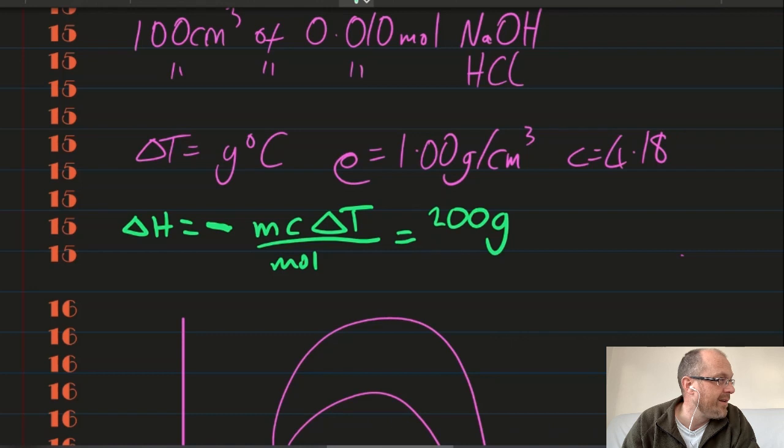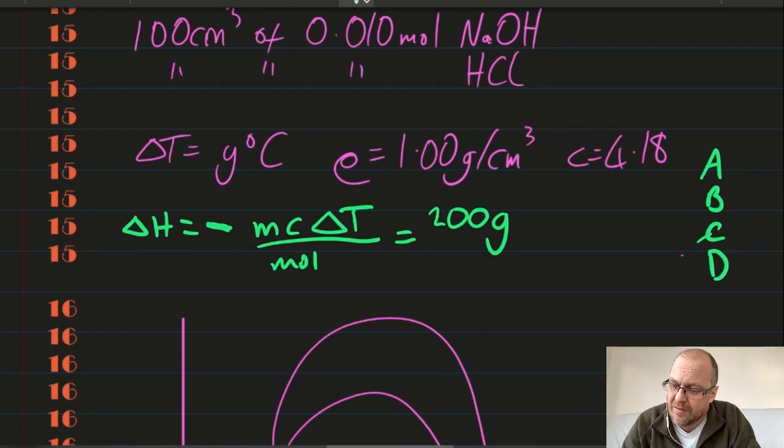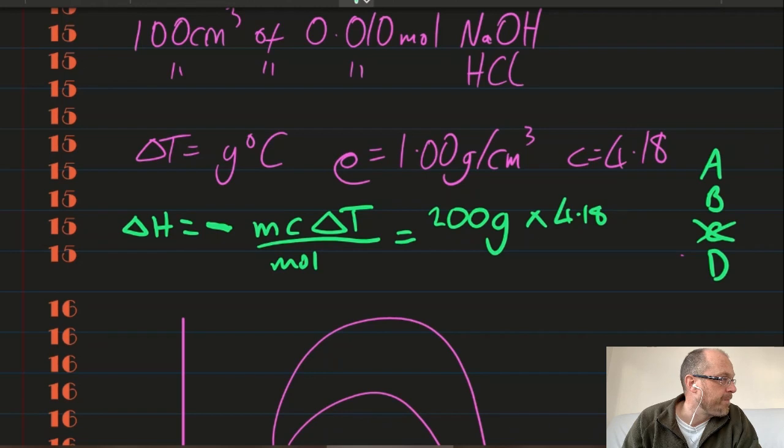Well, I can exclude C, because for C they didn't have the mass of everything that got heated. The specific heat capacity is 4.18, so that should be at the top. And the temperature change is Y, which should be at the top.